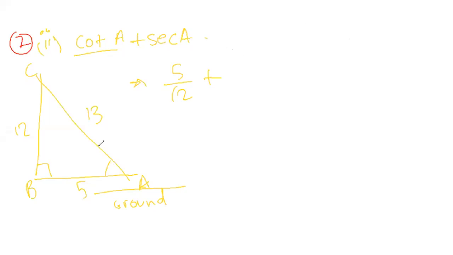Now the reciprocal of whatever value you get for cos A will be secant A. So the reciprocal of 5 upon 13 will be 13 upon 5. And accordingly, we'll solve the second part of the seventh question. So this will be equal to 25 plus 156, and the LCM for 12 and 5 will be 60. And this will be 181 upon 60.